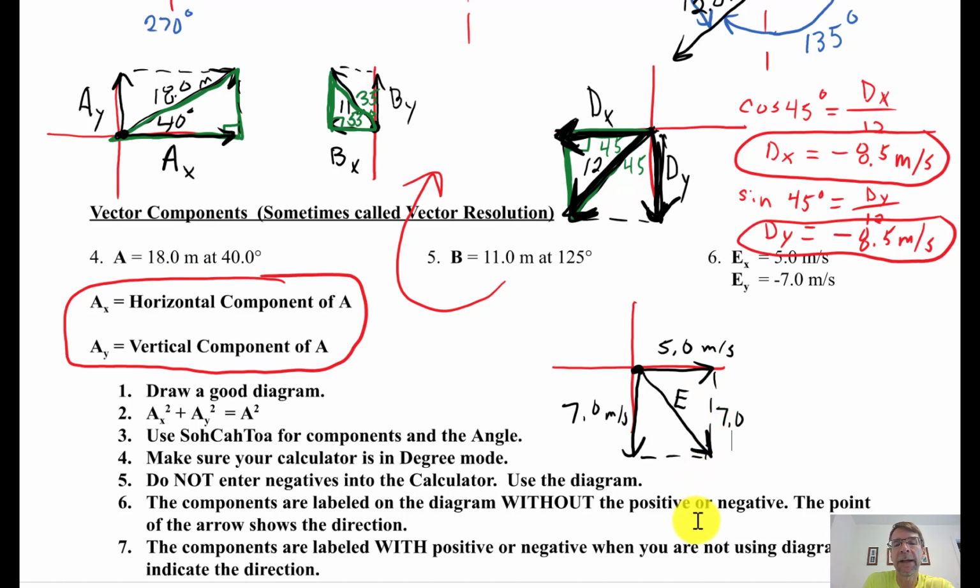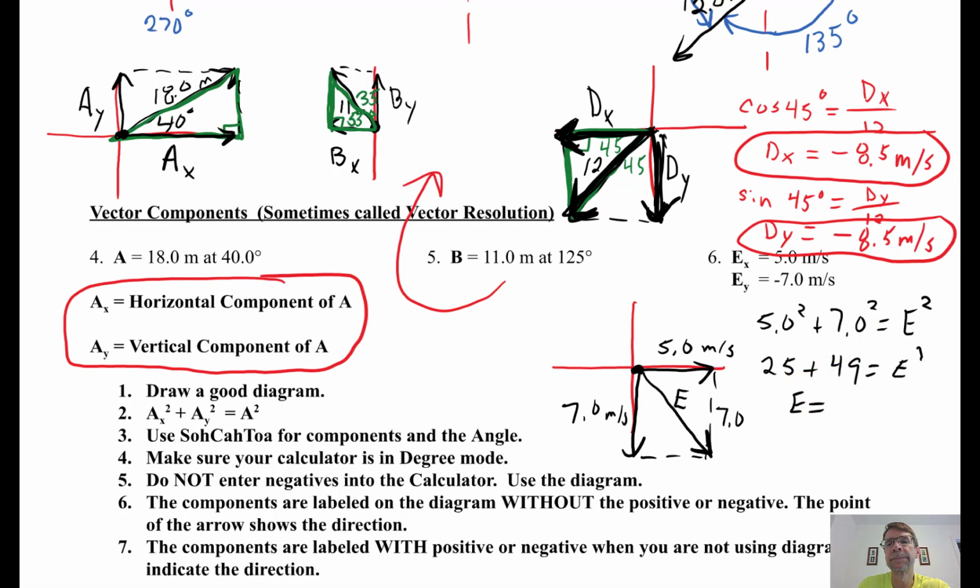It's going to be 5.0 squared plus 7.0 squared equals E squared. So you're going to have 25 plus 49 equals E squared. You add those up and take the square root, and E is the square root of 74, because 25 plus 49 is 74. Square root of 74 is 8.6. So this vector is 8.6 meters per second.